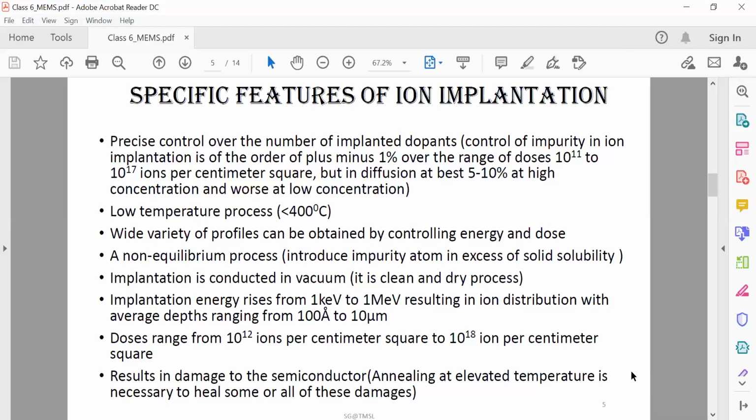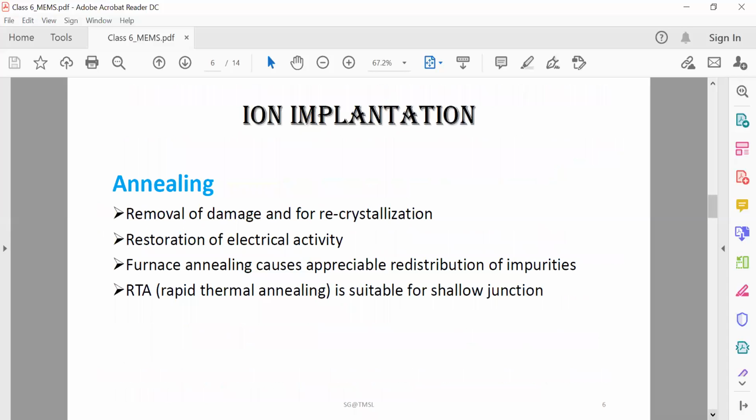Okay, so annealing is a must. In case of ion implantation, for removal of damage and for recrystallization, as I mentioned, annealing is used.